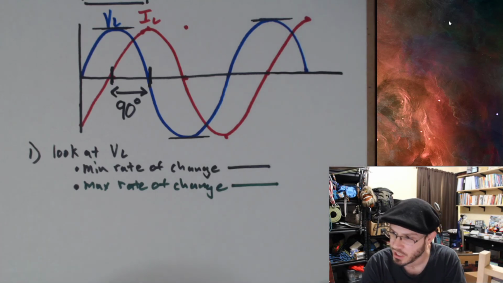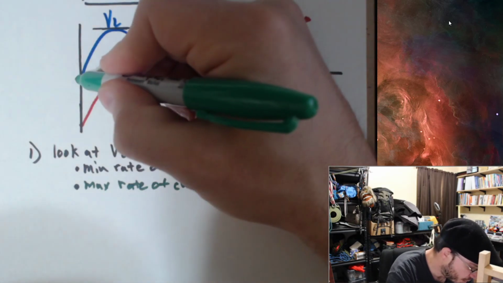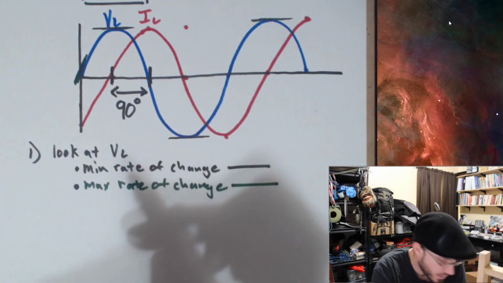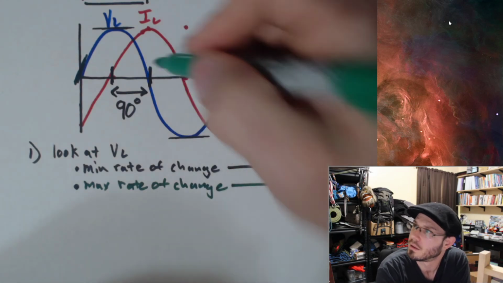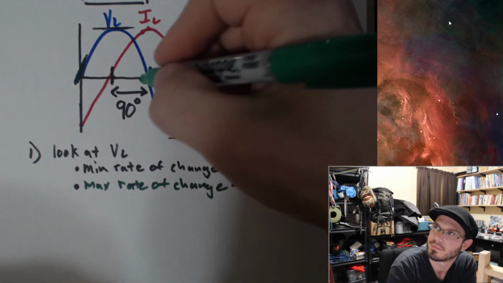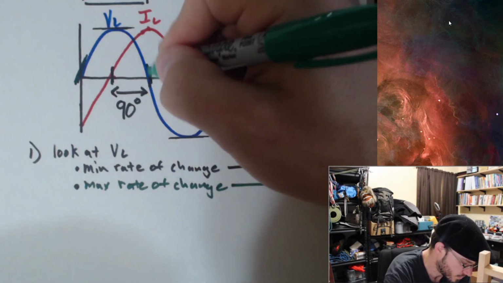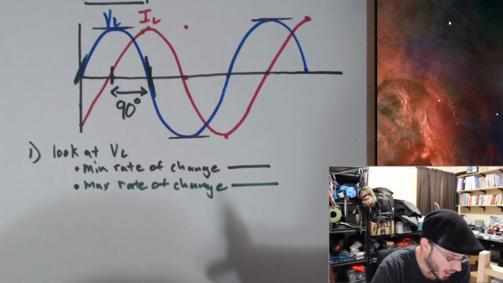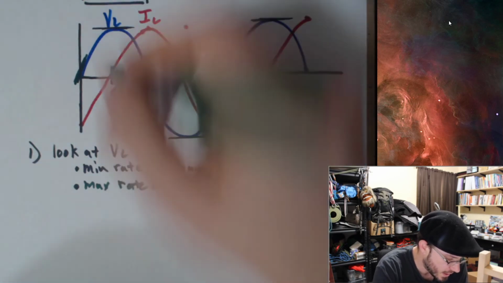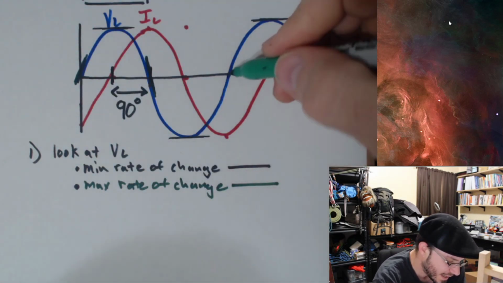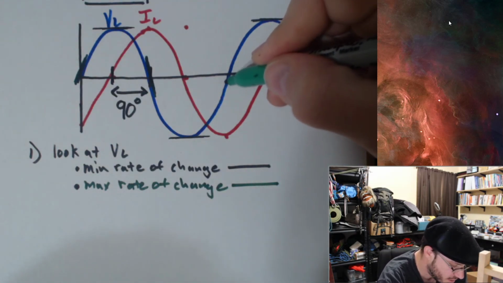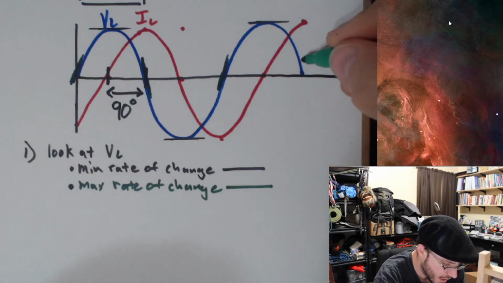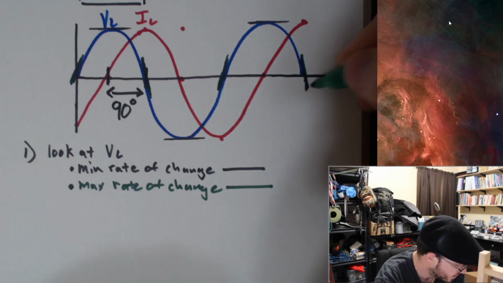Where's the max rate of change going on? Well, that's occurring over here, and I'm using green for that. And that's occurring here when we cross the x-axis going in a negative direction. And again, our max rate of change occurs here when we're going positive, and again down here.